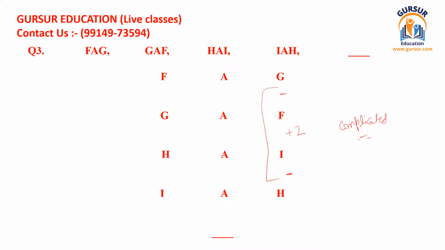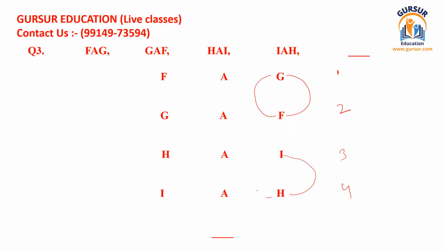Okay, this is available. So this is the combination of 2 letters consecutively. F, G, H and I. So this is given. That means in the first equation and the second equation, there are two letters used consecutively, F then G. Then in the third and fourth, again there is H and I. Now this is done for the combination of two equations.